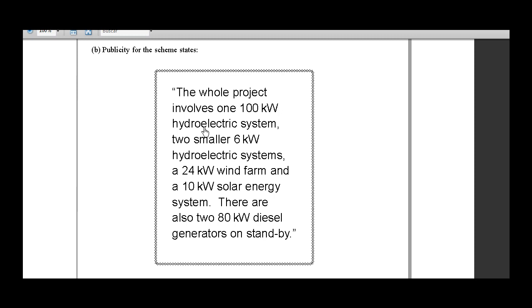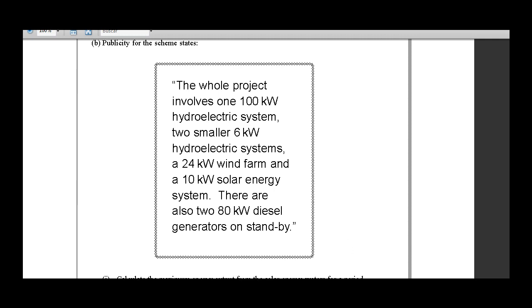The whole project involves one 100 kilowatt hydroelectric system, 2 smaller 6 kilowatt hydroelectric systems, a 24 kilowatt wind farm, and a 10 kilowatt solar energy system. There are also 2 80 kilowatt diesel generators on standby. That's on a publicity scheme.